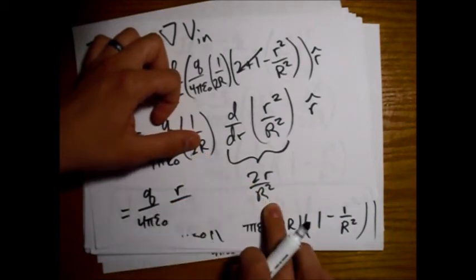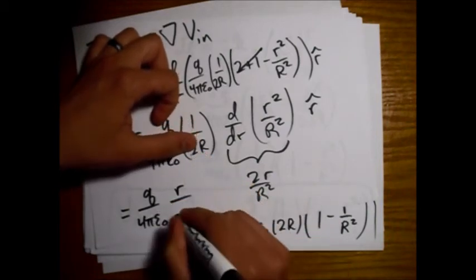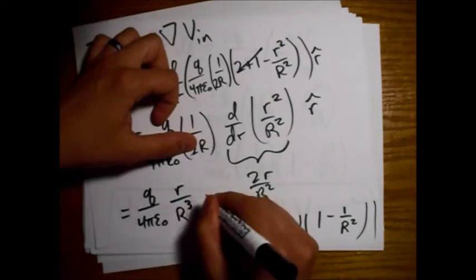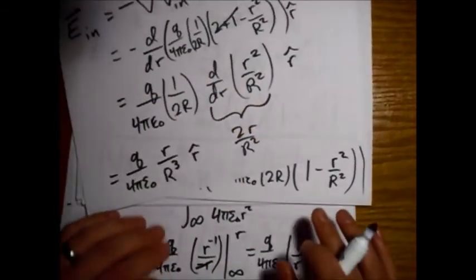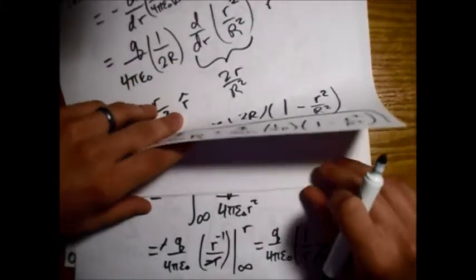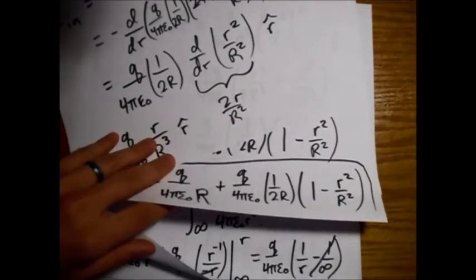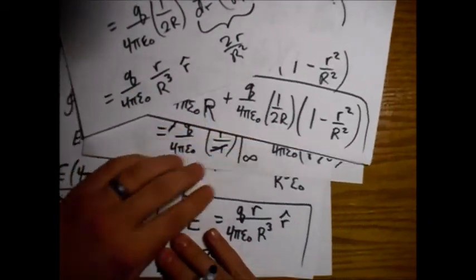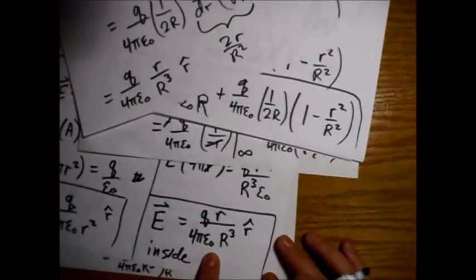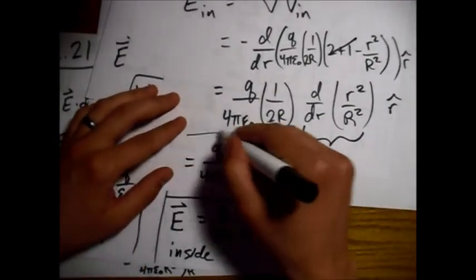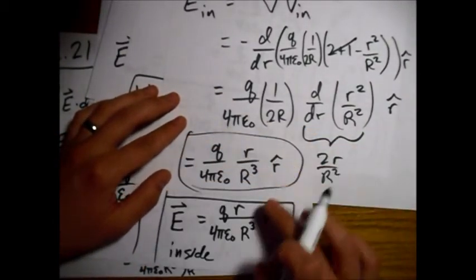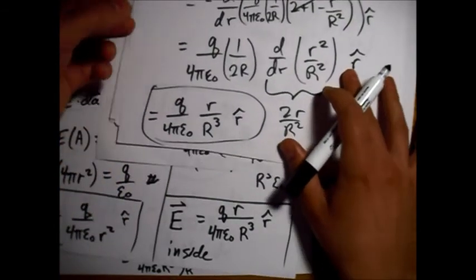And when we bring this r in with these 2 r's here, we end up with r cubed on the bottom. And that should be the same as our electric field for the inside, right? So this right here is the same as this right here, so that part checks out too.